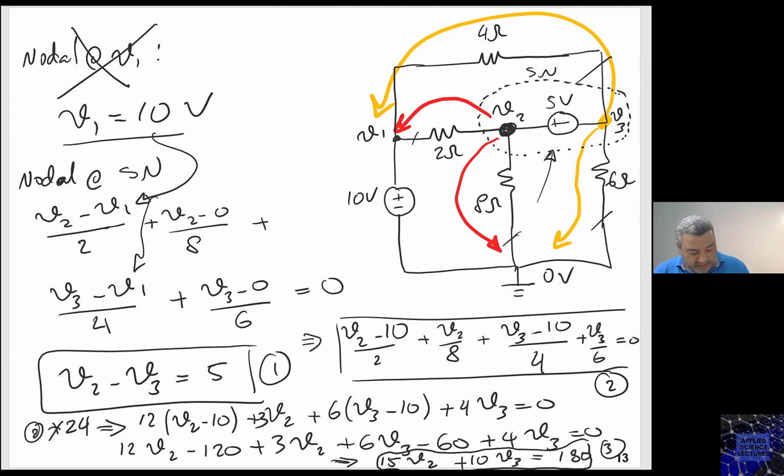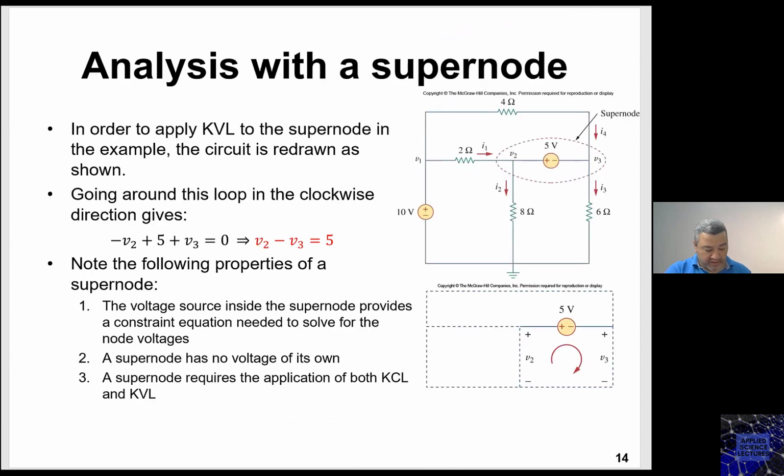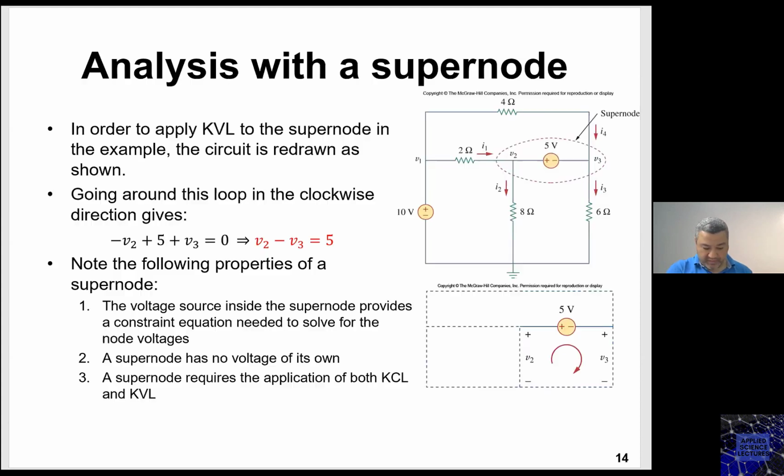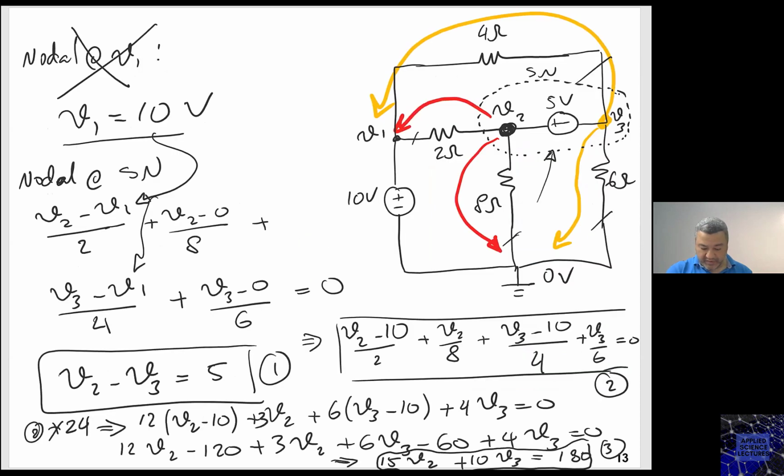Now solving V2 and V3, if you take V2 equals V3 plus 5, substitute it, you should be getting the answer to that equation. Let's see here.